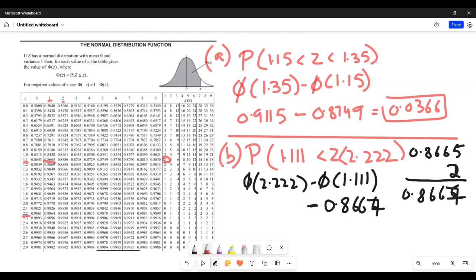So this is the probability, but we add this 1 to it. So it's going to be 0.9864 plus 1.